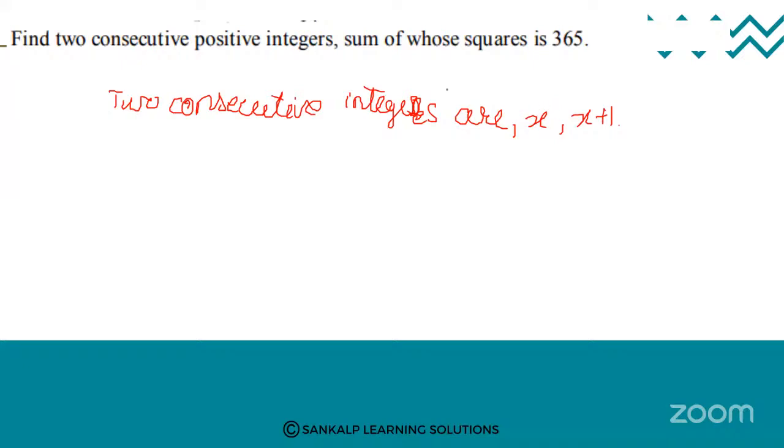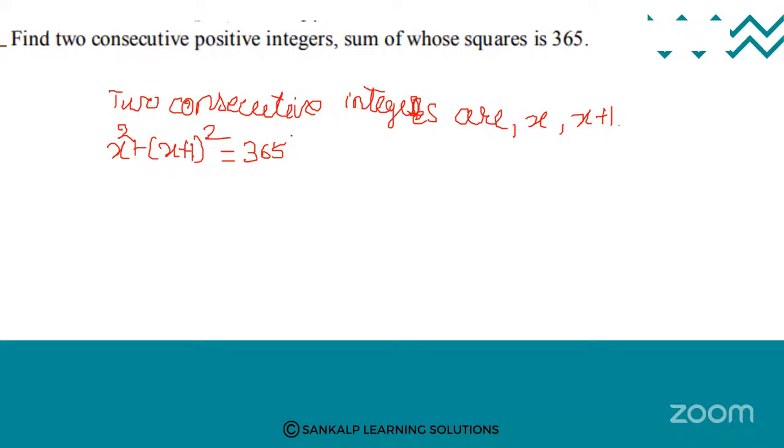Now, find two consecutive positive integers, sum of whose squares is 365. That means x square plus x plus 1 square is equal to 365.